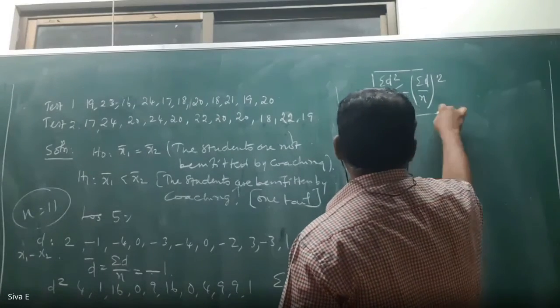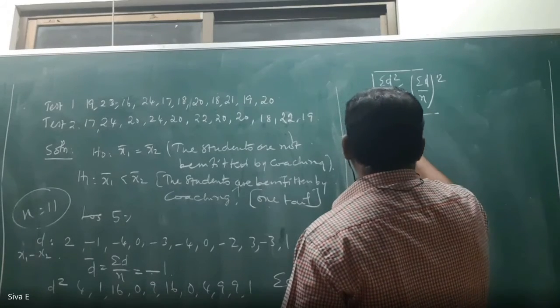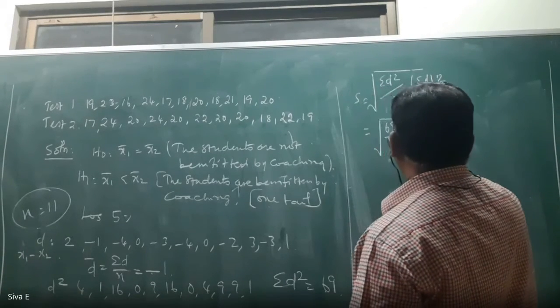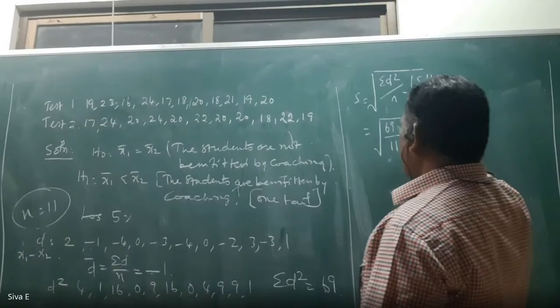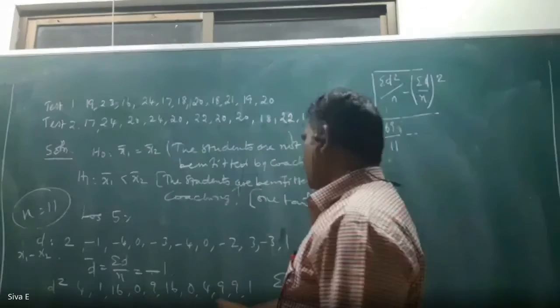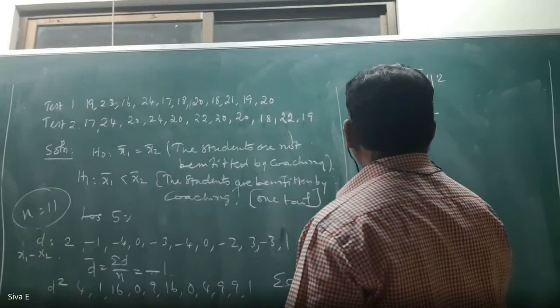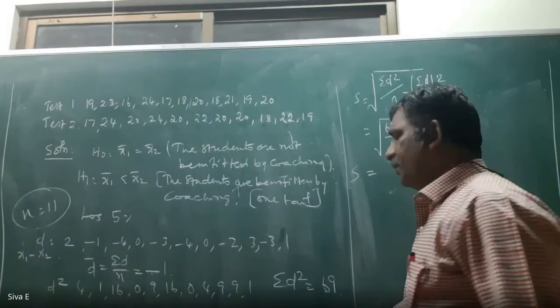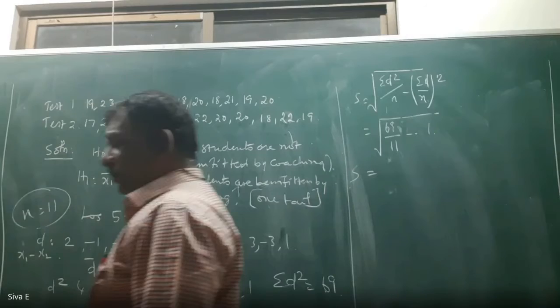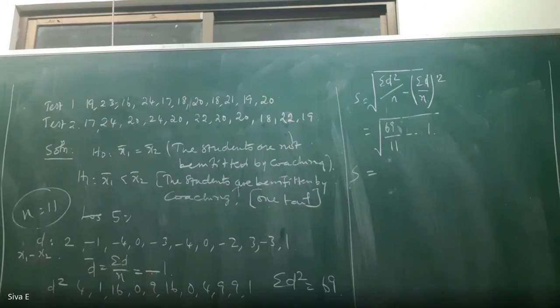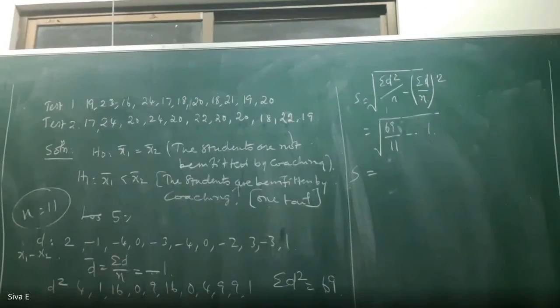So that is square root of 69 by 11 minus summation of d by n is minus 1 whole square. That is plus 1. So S equal to what? What is the S value? So 2.296.